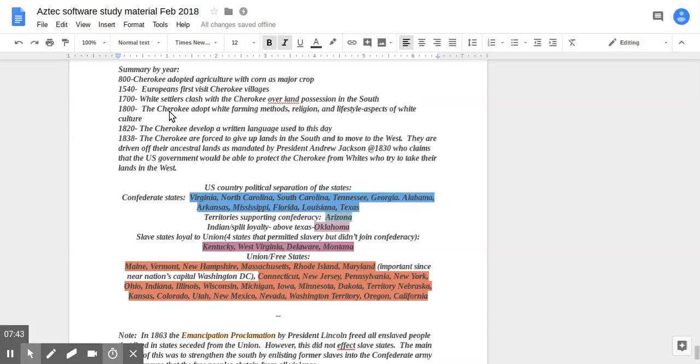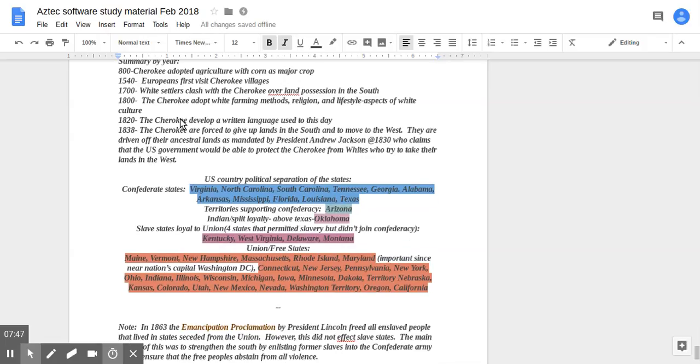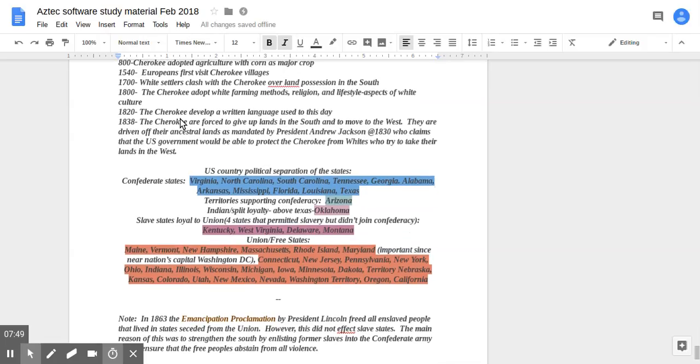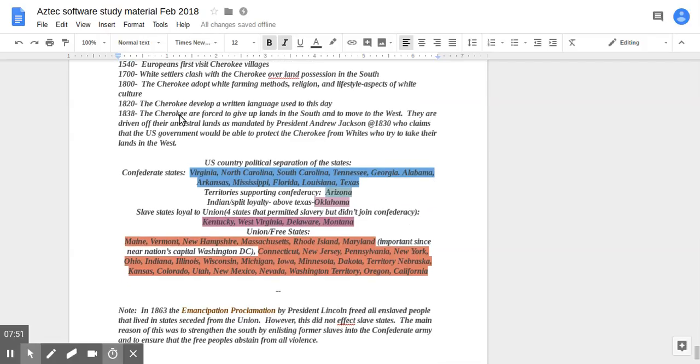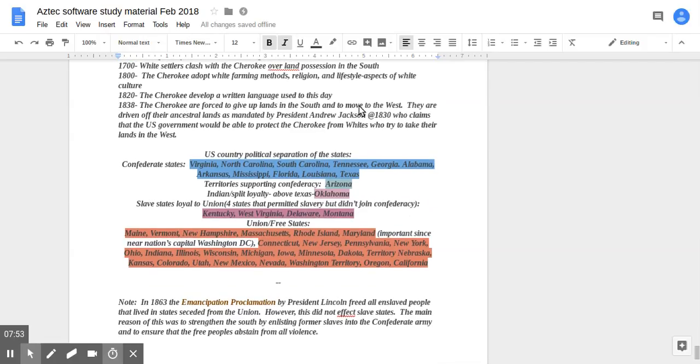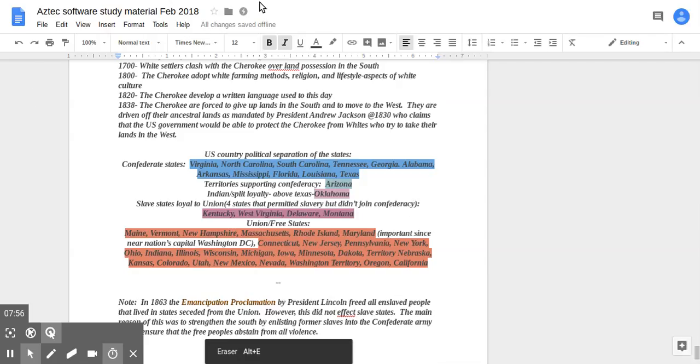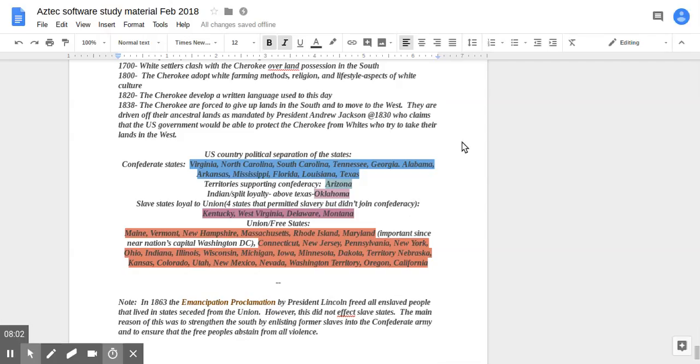In the 1800s, the Cherokee adopted white farming methods, religion, and lifestyle aspects of white culture. In 1820, the Cherokee developed a written language used to this day.